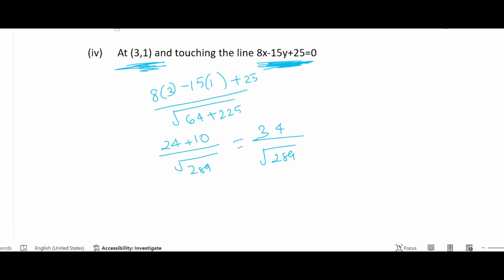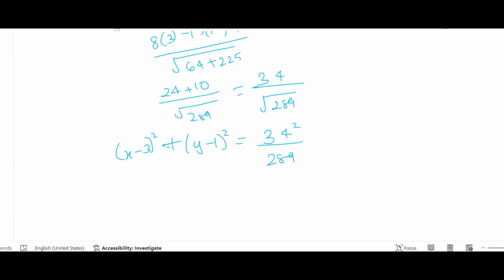So now the equation of your circle will be x minus 3 the whole square plus y minus 1 the whole square is equal to 34 square upon 289. It's root 289, it becomes 289.